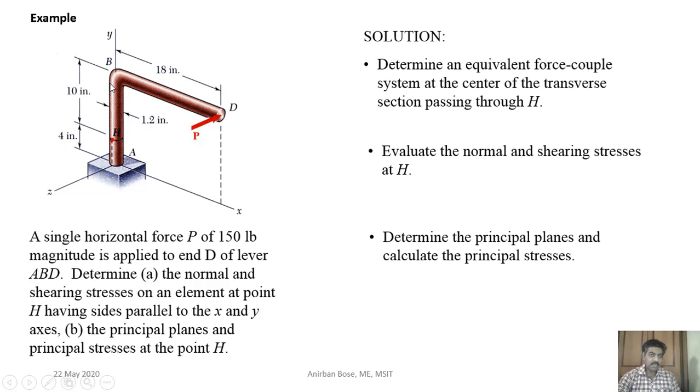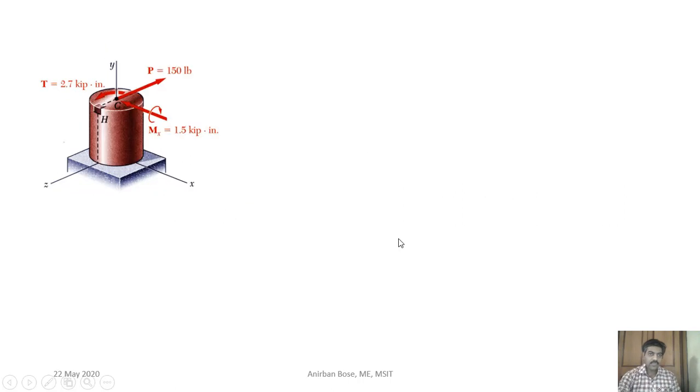Simply P multiplied by this length, that means 10 inch. So P multiplied by 10 inch will be the bending. In this way you can find the torsional load, you can find the bending moment. Okay, and the direct shear, because of bending there will be no shear, because it is at the outer surface.